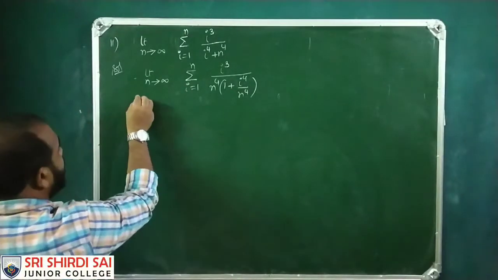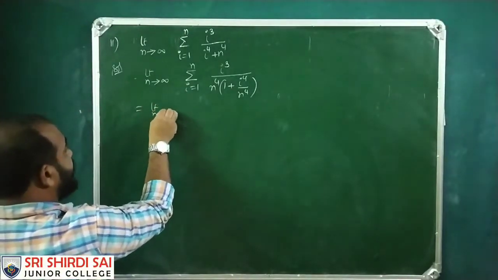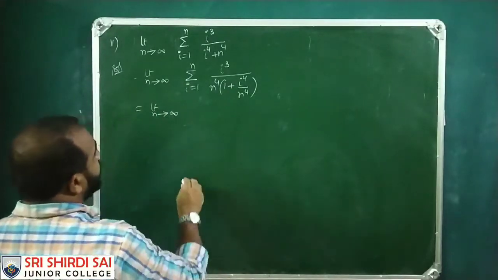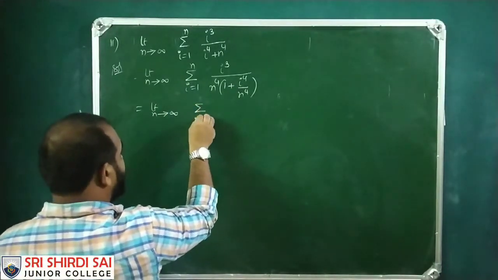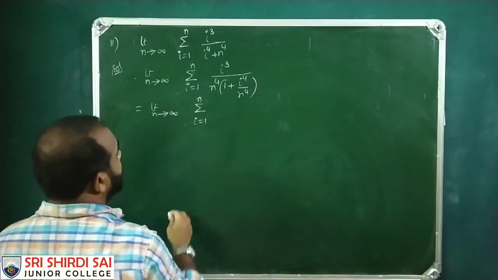Here this is equal to limit n tends to infinity, sigma i runs from 1 to n.